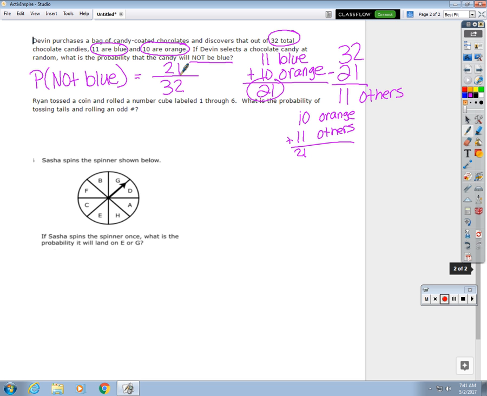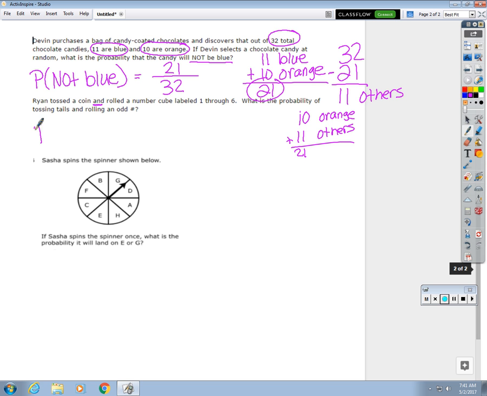Okay, on to our next problem. This one's going to change things up just a little bit, so make sure that you're still listening and paying attention. Ryan tossed and rolled a number cube. So he tossed and rolled a number cube labeled 1 through 6. What is the probability of tossing tails and rolling an odd number?